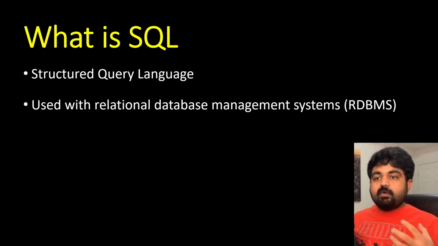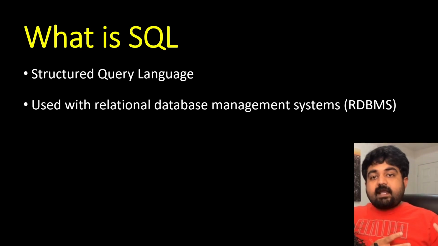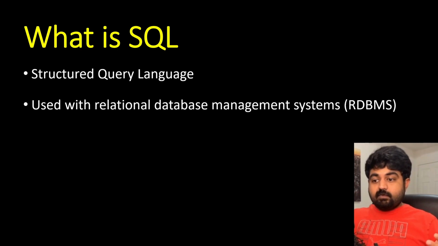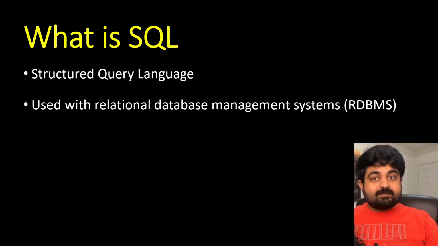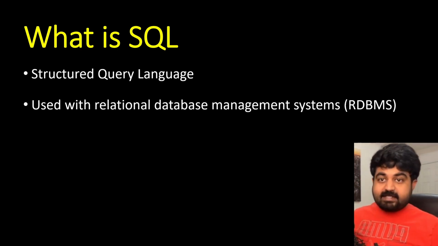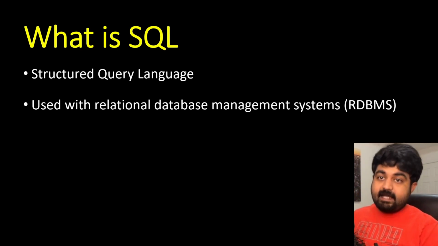Because if I as a user want to know how many students are enrolled for maths in grade 7, I need to go to the grade 7 table, maybe I need to go to the students table, I need to go to the subject table, and then I need to make some connections and find the meaning, which means this is a great example of a relational database system.